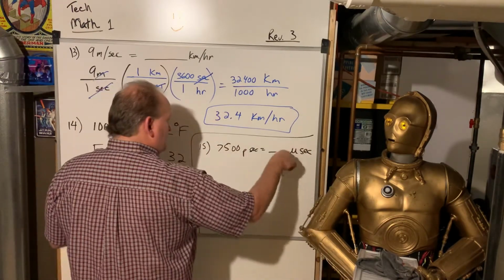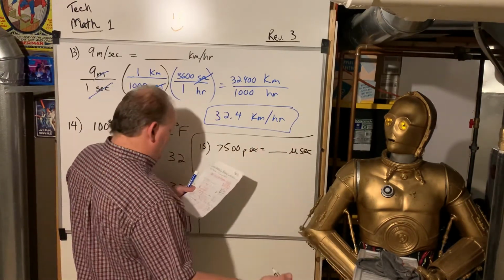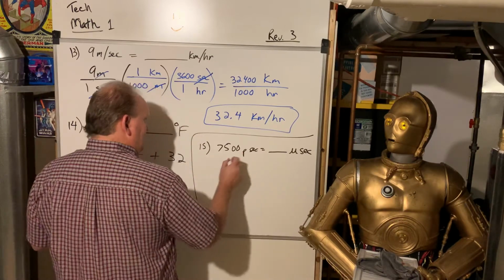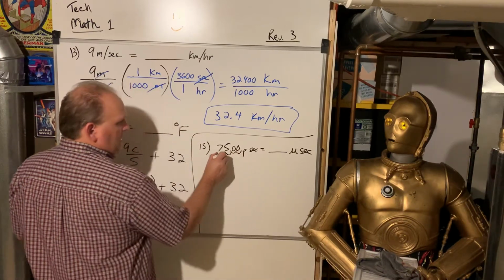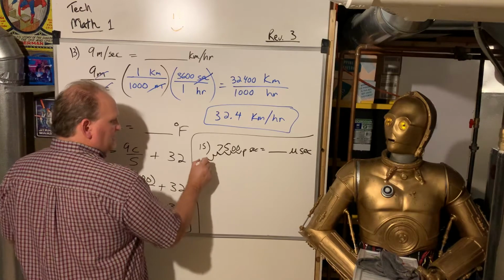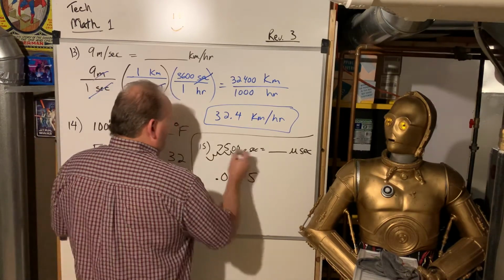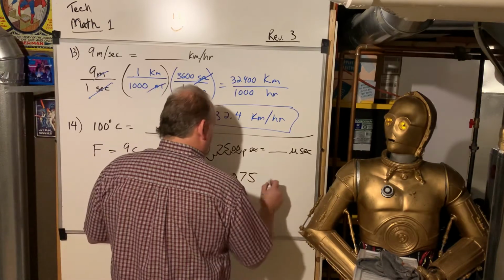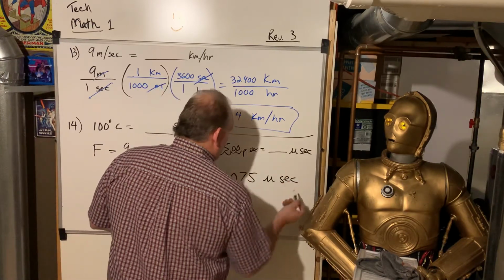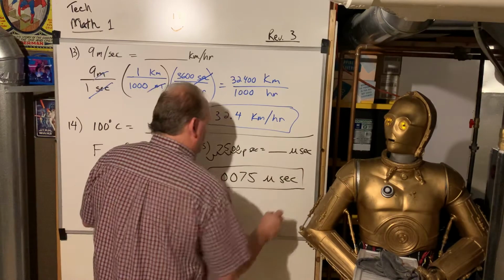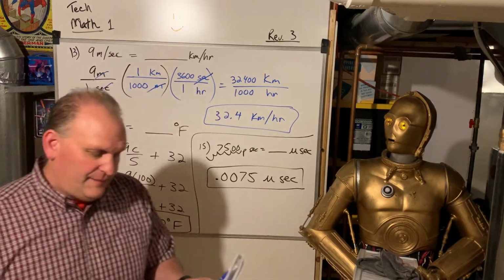But if you count, it's actually 6 places. That's 6 places left. So 1, 2, 3, 4, 5, 6. So 0.0075. You don't really need the other 2 zeros in this case. If you put them there, I would mark it wrong. It's fine, but you don't need it.